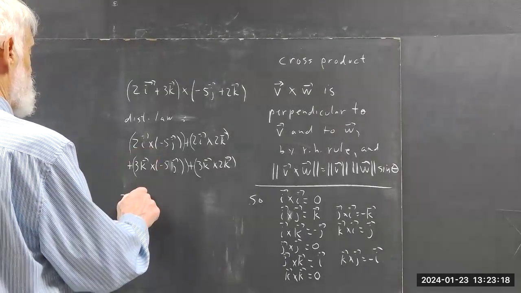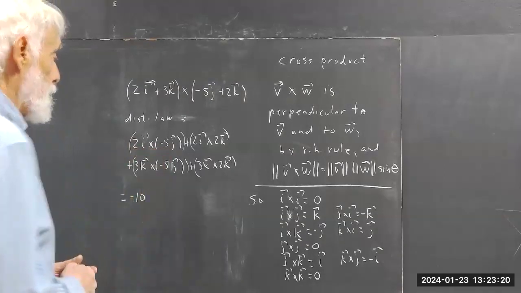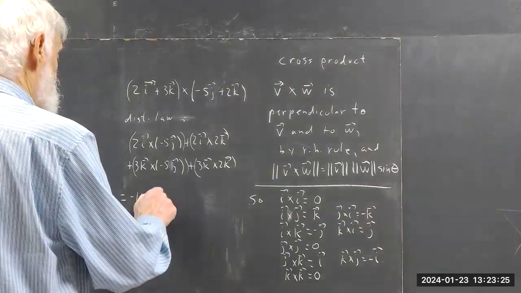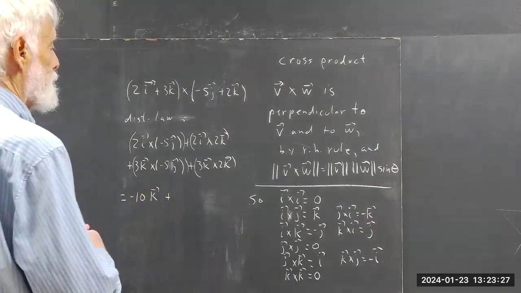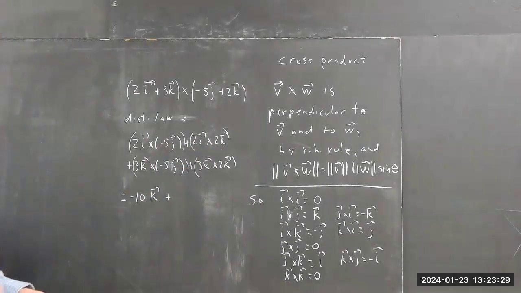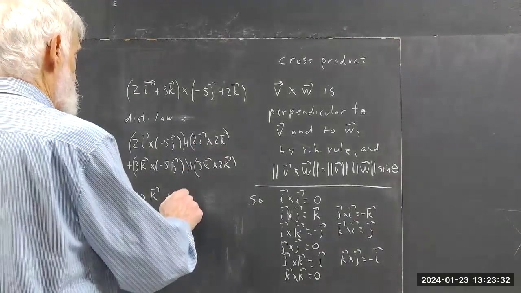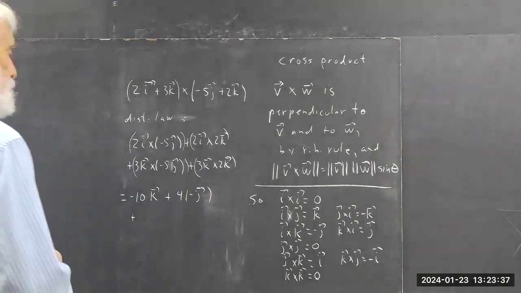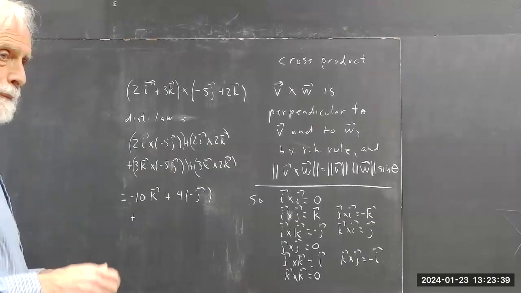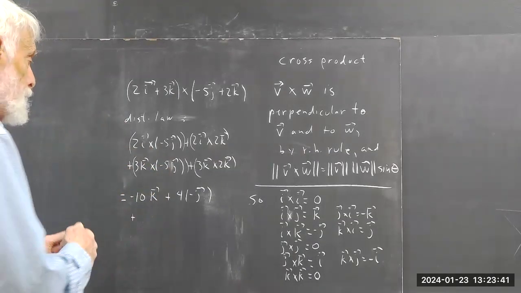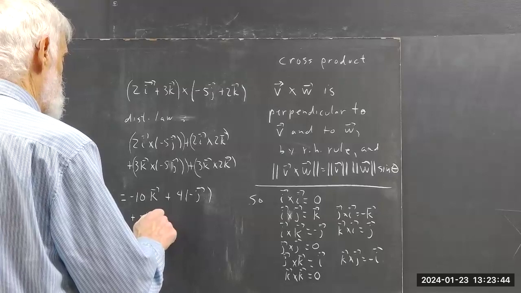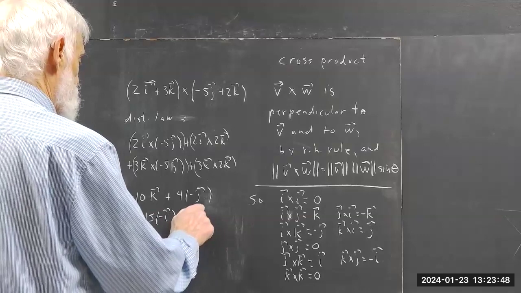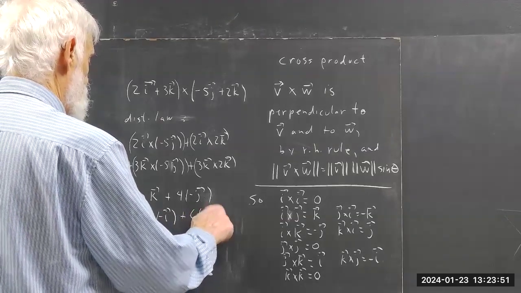Okay, so this gives us negative 10 I cross J. Well, I cross J is K. Then 2I cross 2K is 4 times I cross K. I cross K is negative J. Then K cross J is negative I, so we have negative 15 times negative I, plus 6 times 0.